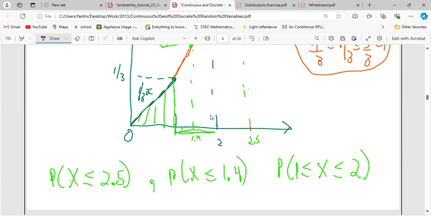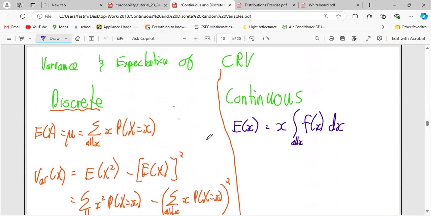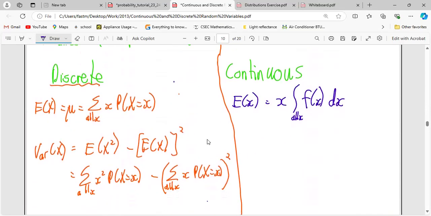So back down to the equations for it. That is the expectation, and just like I showed you before, look at the parallel for the variance. This is what we're trying to get, but the problem is you don't have this anymore. You have no summations, so you're just going to replace that with the integral over all x of x f(x) dx.